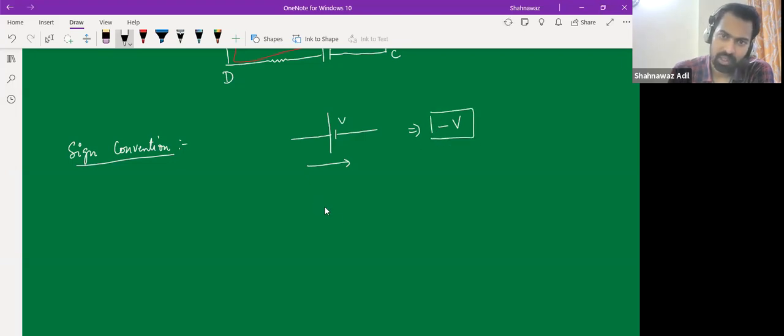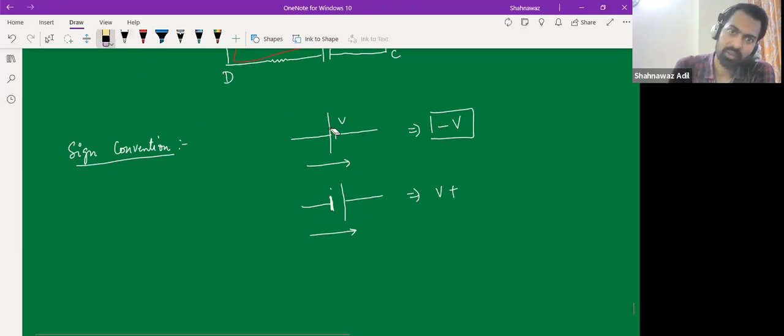And if you have the cell like this, and your loop is in this direction, first you will see the low potential. Whenever you first see the low potential, then the voltage will be positive.